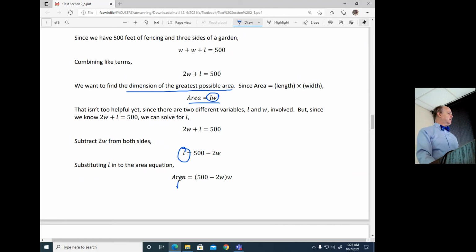And what do I want to do? I want to get a max of that. Well, that means where is the vertex of this curve, 500W minus 2W squared? That's what I want to maximize.